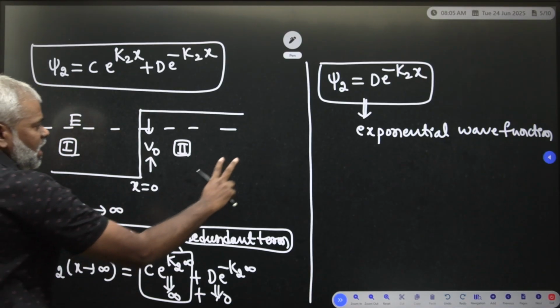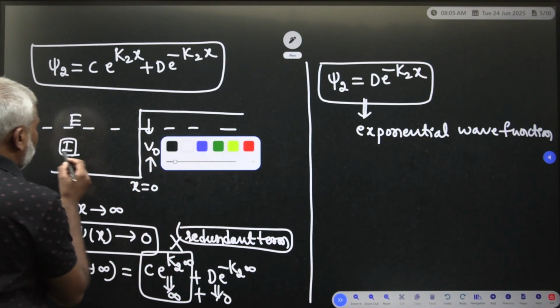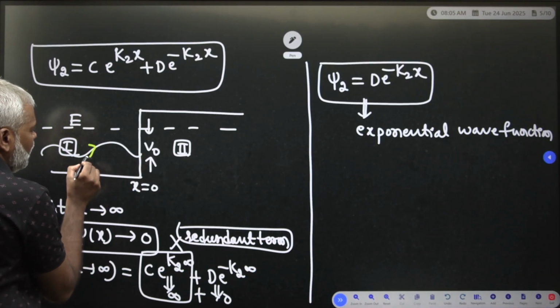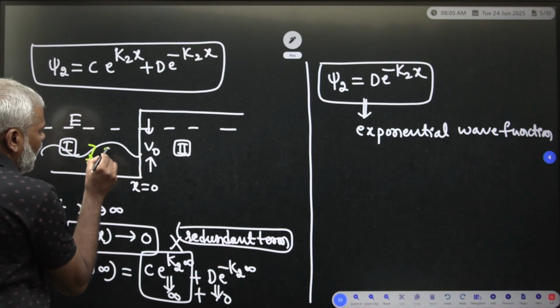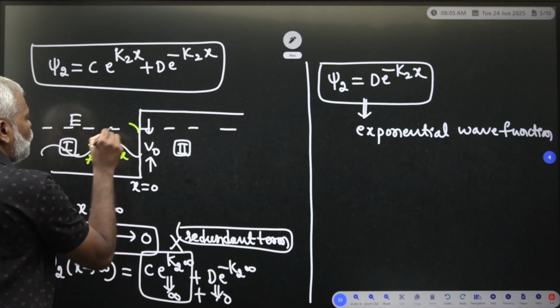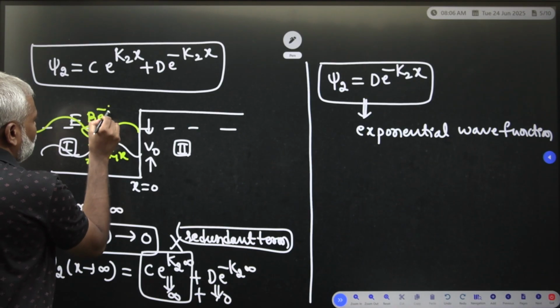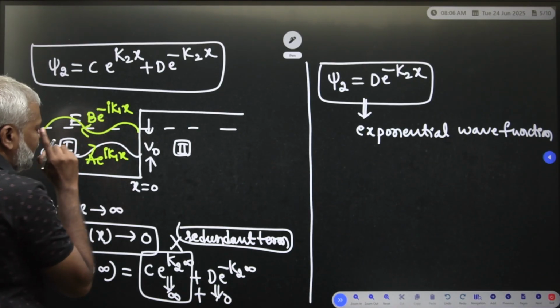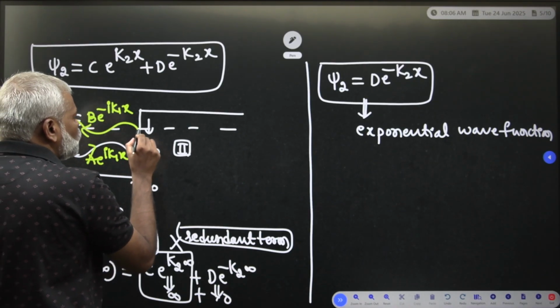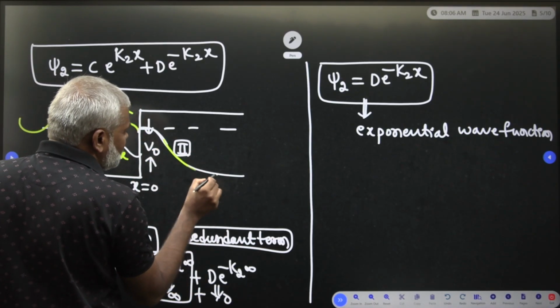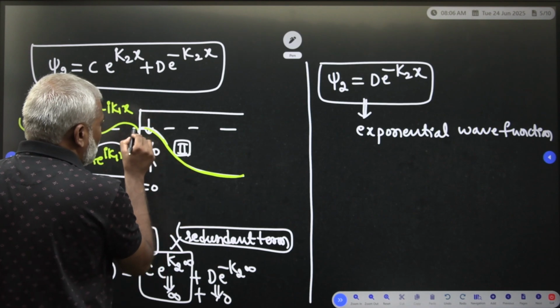Now you have to see here how we are able to draw that wave function. Some portion should be incident, A e to the power of i k1x, some portion should be reflected, that is B e to the power of minus i k1x, and some portion should be transmitted. That is the transmitted beam.